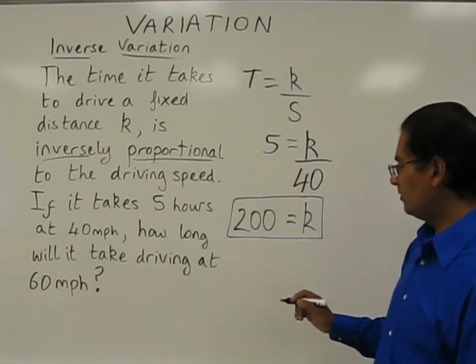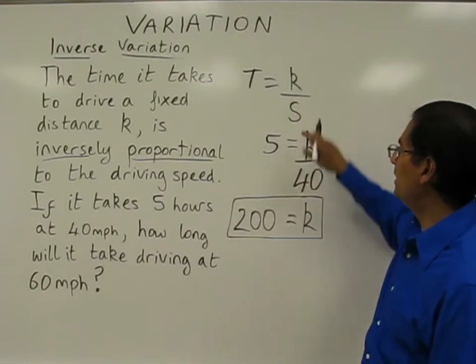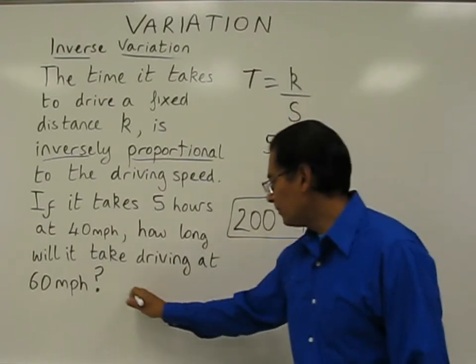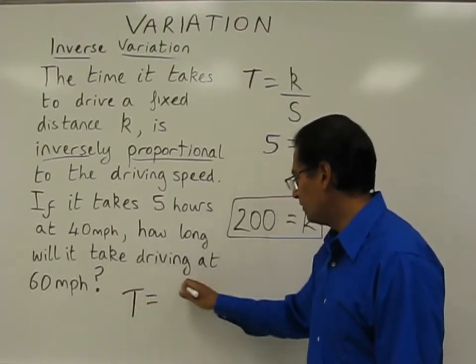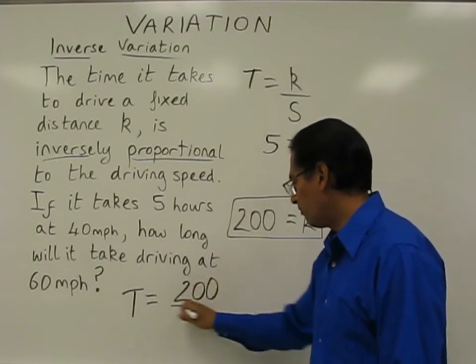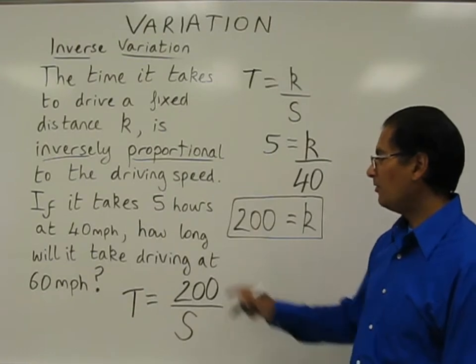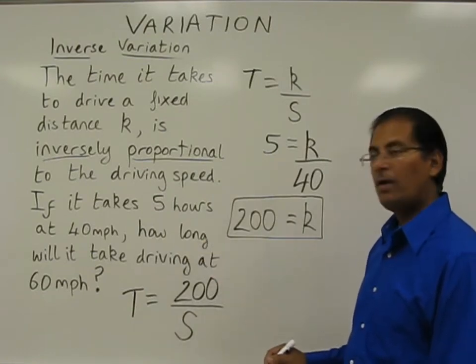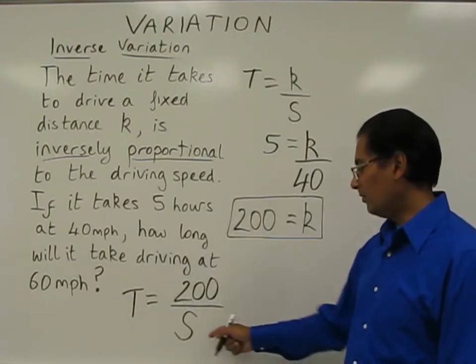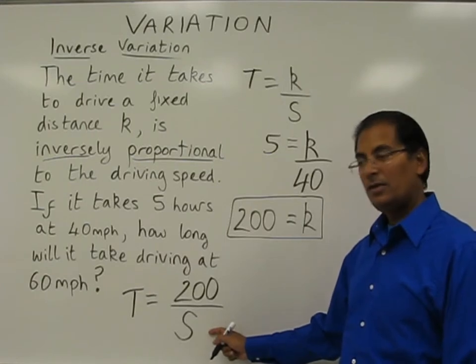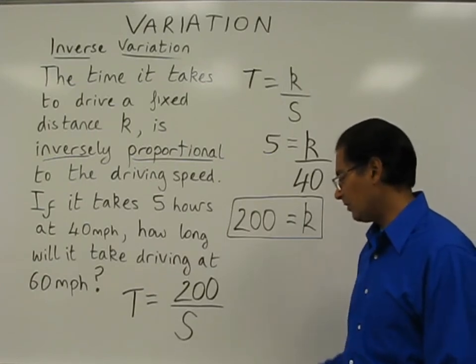Now we need to find a solution to the problem. We have our equation. Our equation is t equals k over s, or t equals 200 over s. And it asks us, well, how long will it take if we're driving 60 miles an hour? So if s is 60, we have to plug 60 in for s.